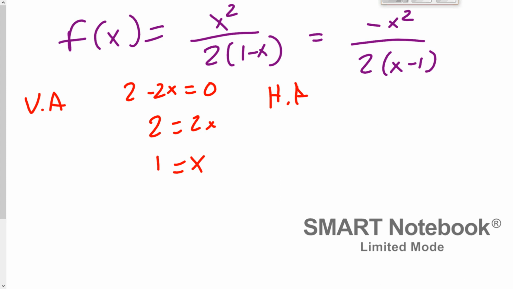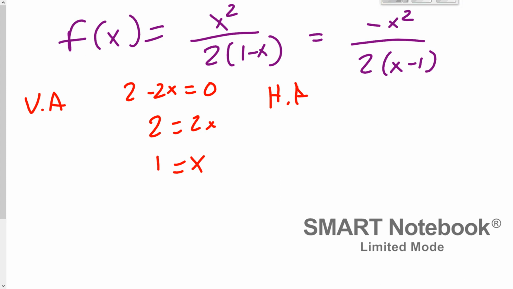So we're going to have to do synthetic division or long division here because it's 1 minus x, and because we're multiplying by a factor of 2 on the bottom, it's 2 times 1 minus x, or 2 times x minus 1 if it's a negative x squared on top. So here it would be best to probably do long division.